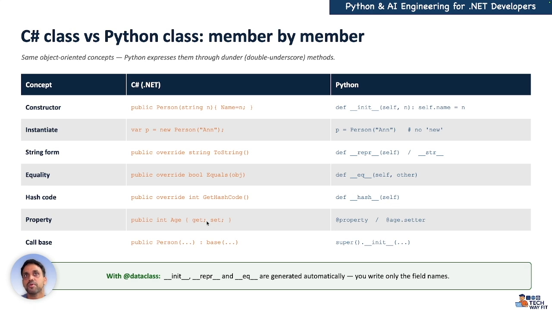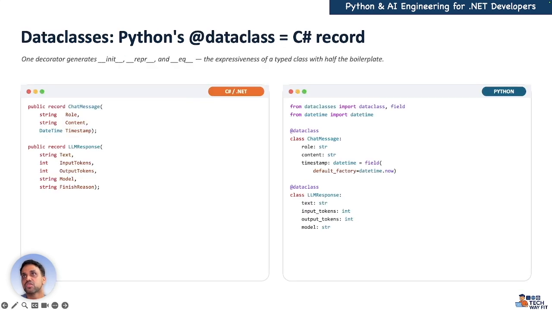Okay, so now moving to data classes. Data classes are quite similar to the record I mentioned before. How do we define a record? We define the type as record, then the record name, and we define the parameters that would be part of the record. Something similar in Python: when you define a data class, we use the data class attribute, or in Python it's called a decorator.